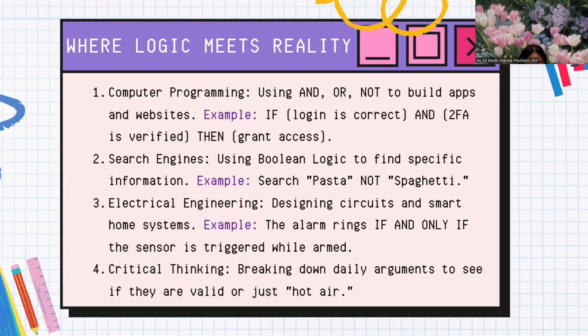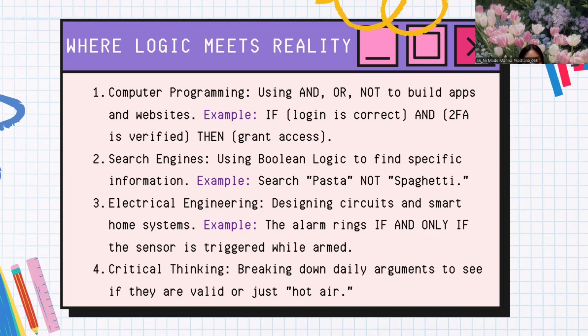Every app on your phone is essentially a giant web of conjunction and implication, if-then. When you try to log in, the code checks if your password is correct and if your Face ID matches. Only if both are true does the "then," granting you access, actually happen.